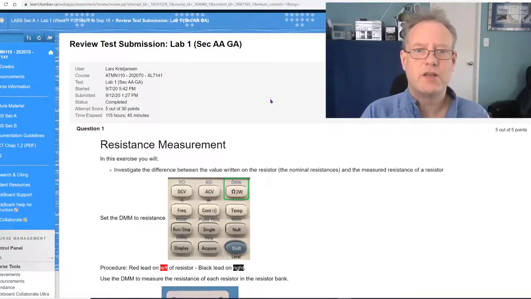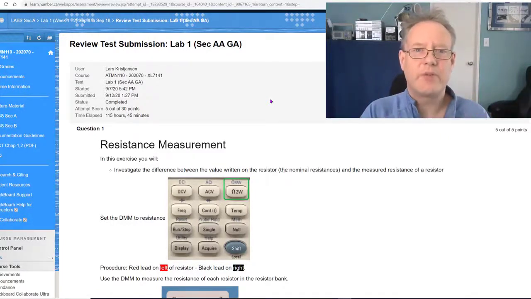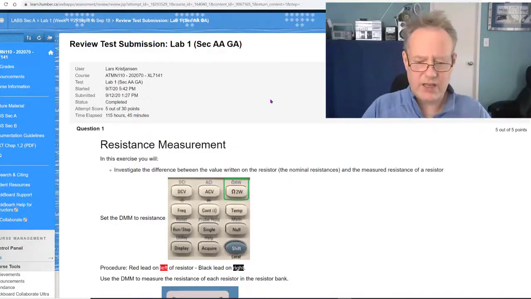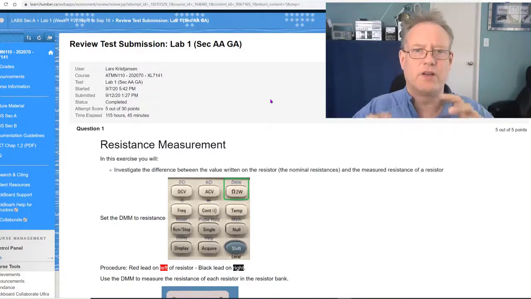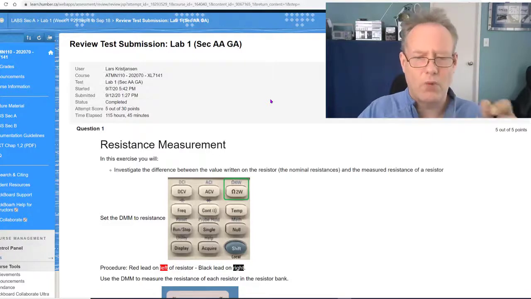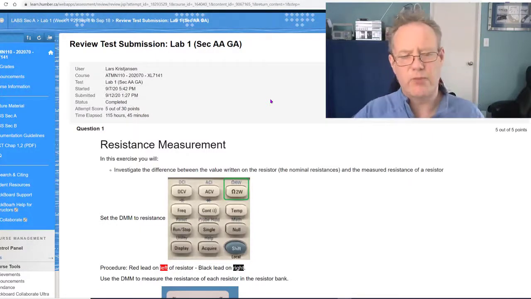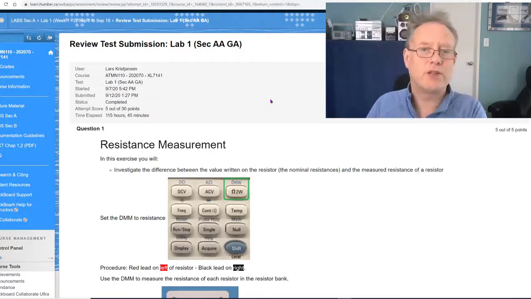When you're done this, pack it up, put it all away, and then clean up your station. So when you walk into the lab, you'll actually have to physically clean all of the material. You have to physically clean the counter. Everything where you touch, you have to clean it. Clean the wires, all the components, everything. And the bench. And when you put the components away, clean them before you put them away.